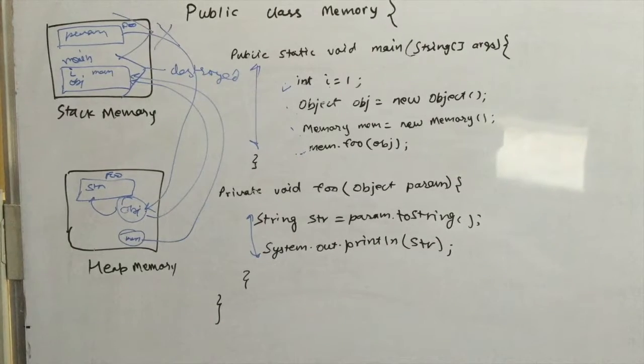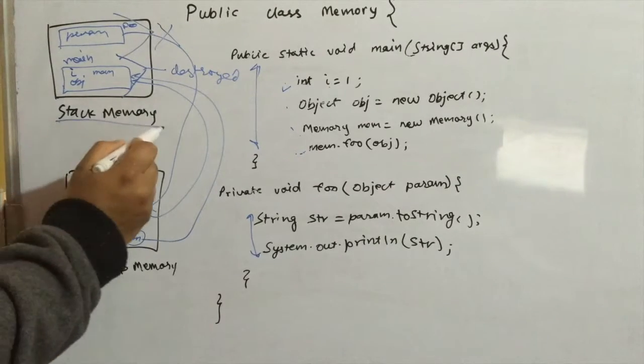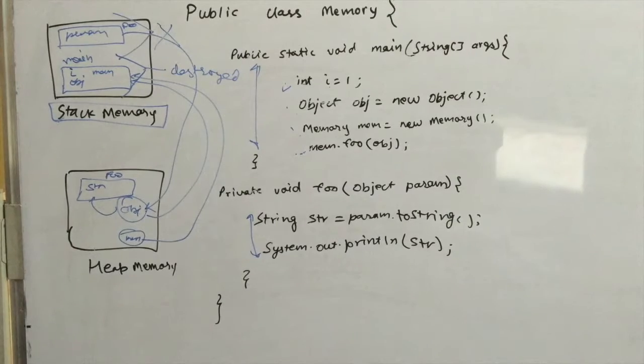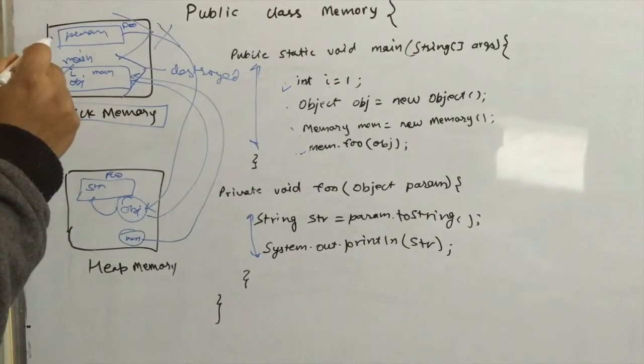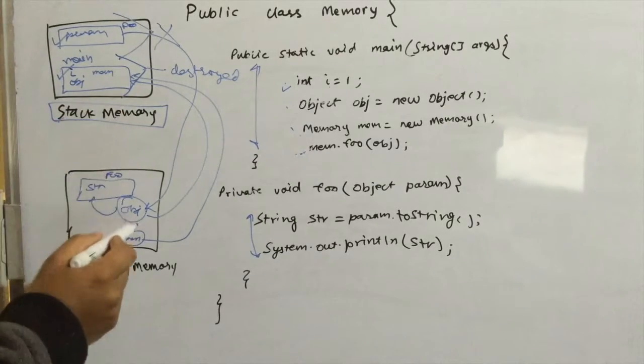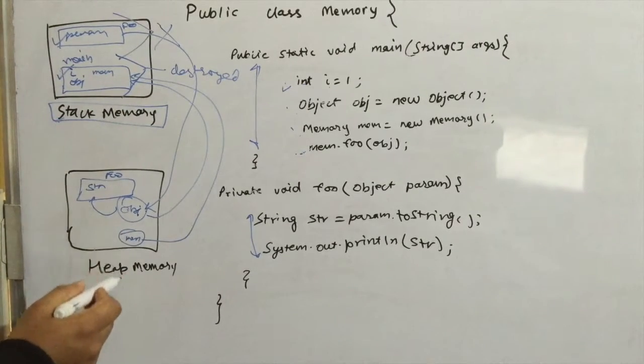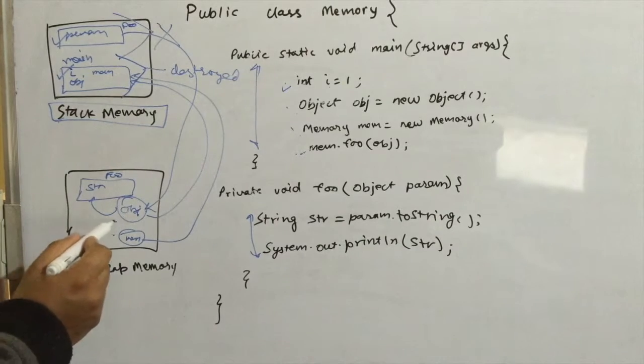When the stack memory is empty, with the spaces for both the main and foo methods deleted, all the objects created in the heap memory would be unreferenced.